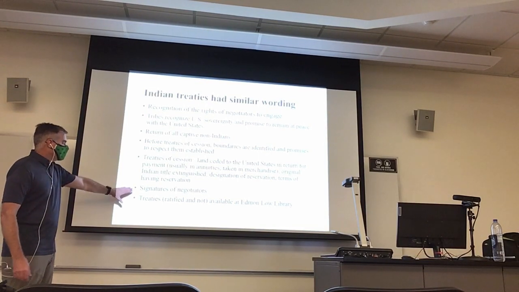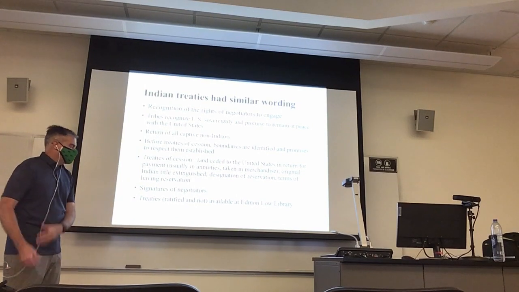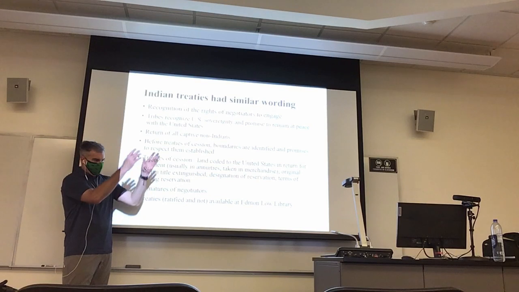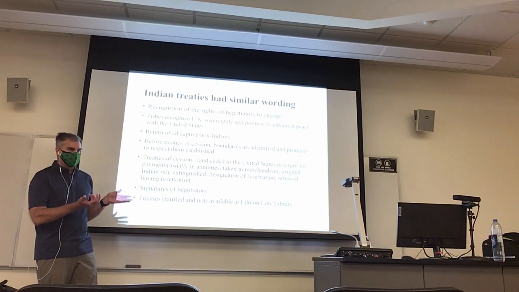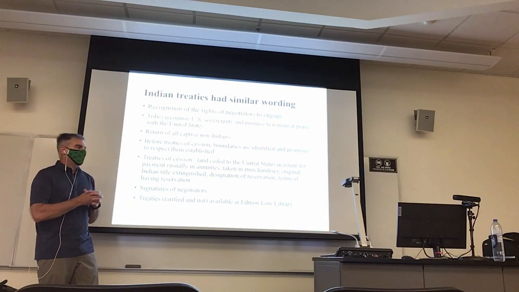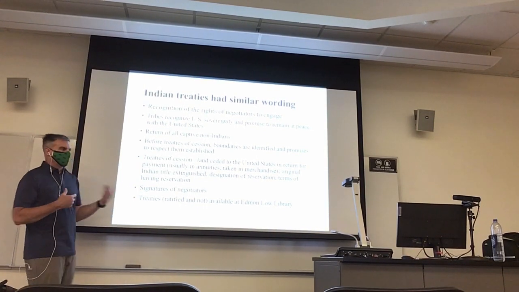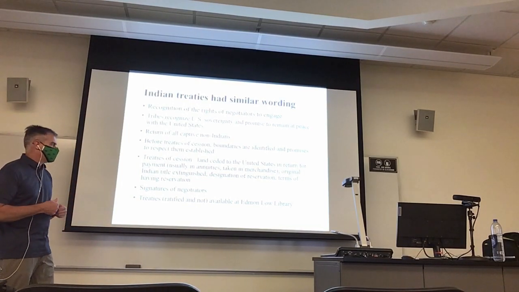Okay. So then, after all of those terms, the mentioning of allotment and that sort of thing, you'll have the signatures of the negotiators. Here they are for the United States. Typically, they were people who worked for the Indian Service, Indian agents who were in the field, who lived among the tribes. Sometimes, early on, they were traders who were respected among the tribe, who worked as intermediaries between the government and the tribe.